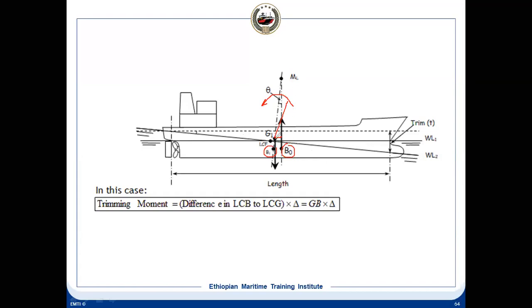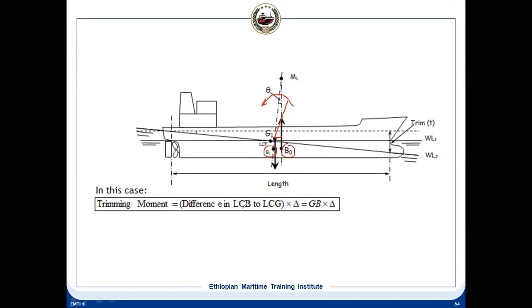It means if we know the distance between the LCB and LCG, then multiplied by delta, that is the displacement, that is the moment, and that is the trimming moment also. We can also find it from the mass movement, the distance that has moved, and how much mass has moved; that is also the trimming moment. In this condition, we have a trimming moment which is equal to that.